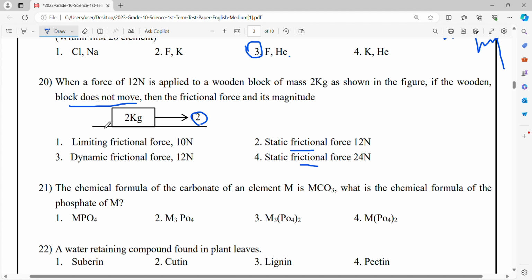It doesn't move, which means these 12 Newton are balanced by the frictional force. That's why the object didn't move. So here the frictional force will be 12 Newton. Thank you.